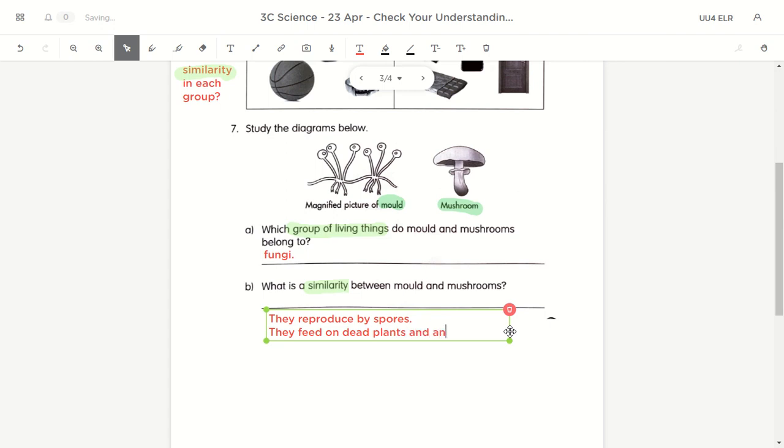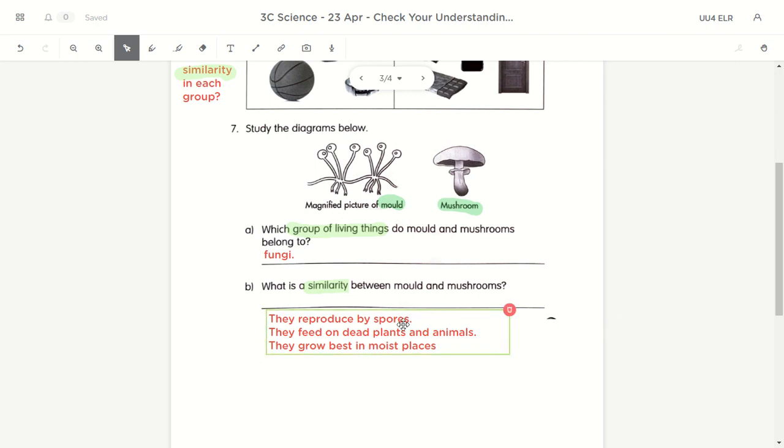You can say that they feed on dead plants and animals. I also have a common one that they grow best in moist places. So I accept all these three.